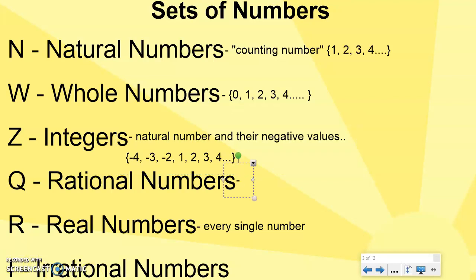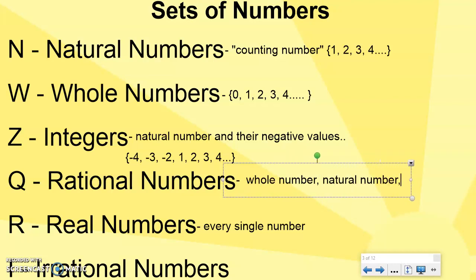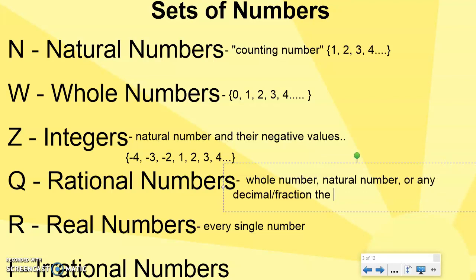A rational number can be a whole number or a natural number, but it also refers to any decimal or fraction that ends or repeats. So I like to refer to them as the pretty decimals or pretty fractions. So it's a whole number, a natural number, or any decimal or fraction that ends.